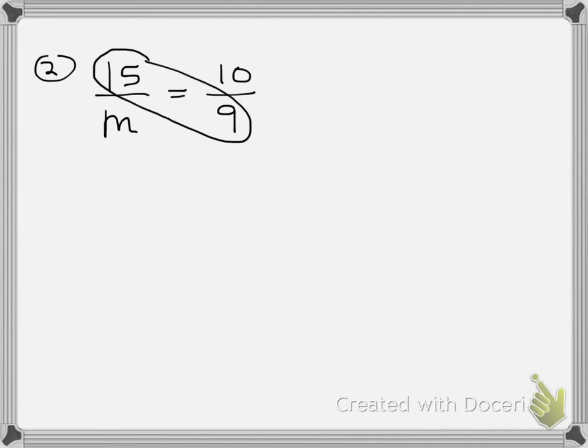Example number 2. Do 15, how about use the letter M now, M for missing number, equals the ratio 10 to 9. So I've got to find out what M is to make it a proportion. Now 15 and 9 are a pair. Those are the numbers you multiply. Then when you're done, you divide your answer by 10.